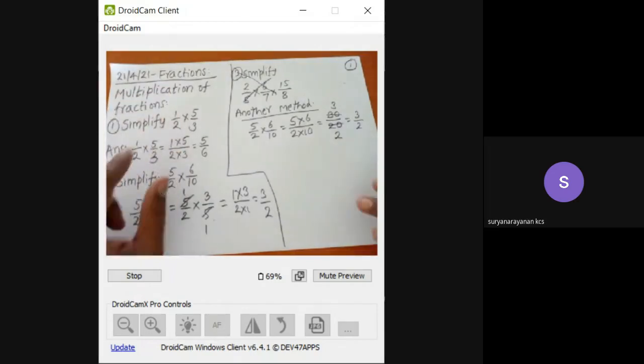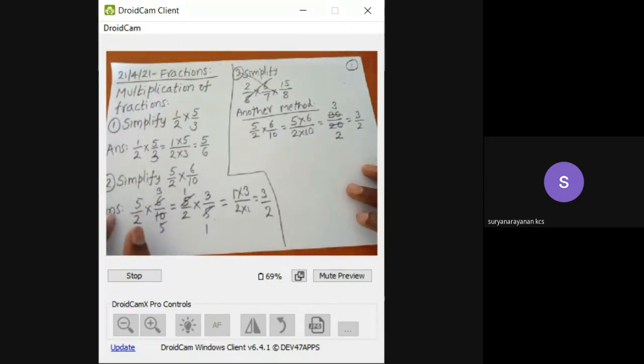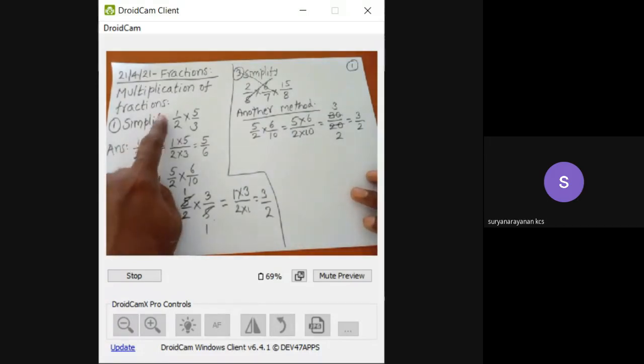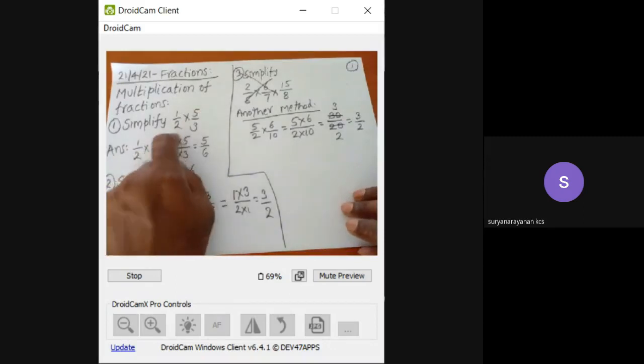See here, we are discussing today multiplying two fractions. So your first example, 1 by 2 into 5 by 3. Here these two fractions are in their simplest form, and no cancellation is possible.